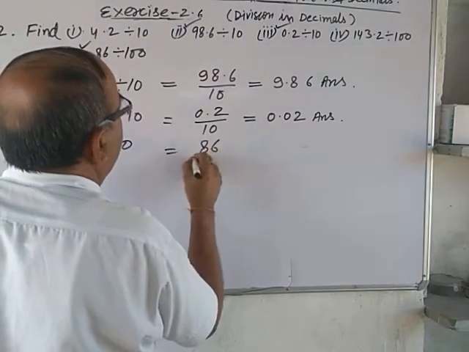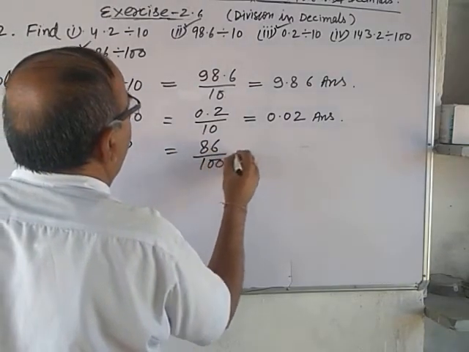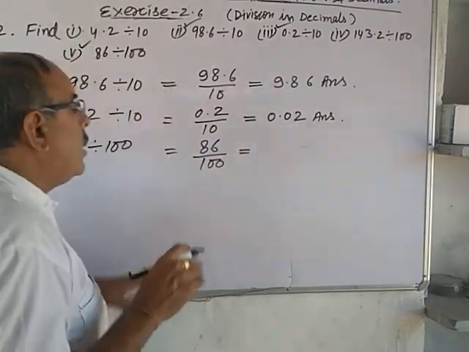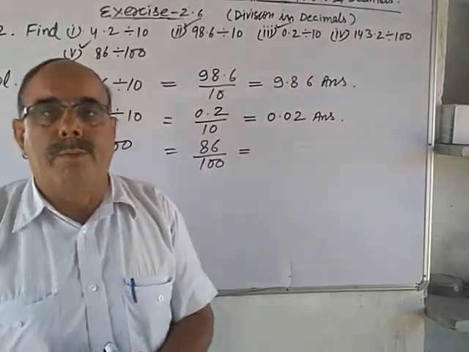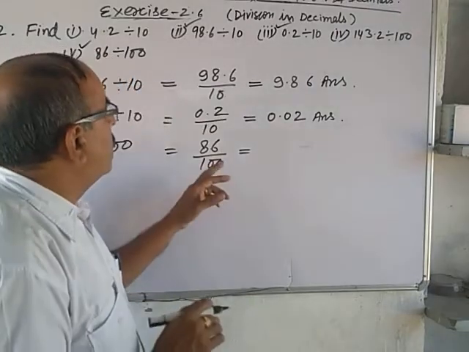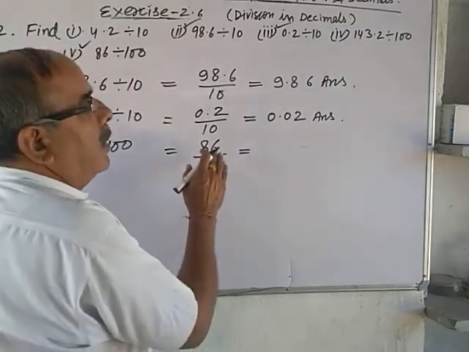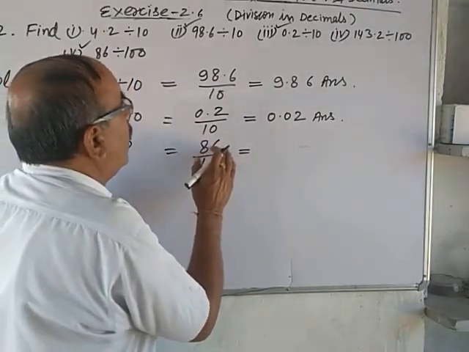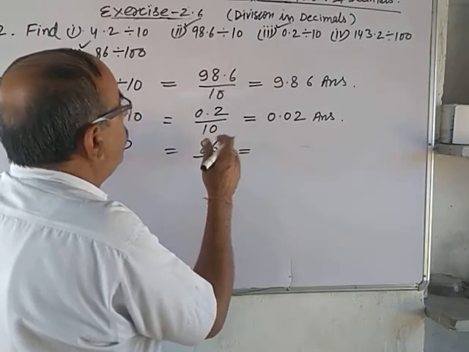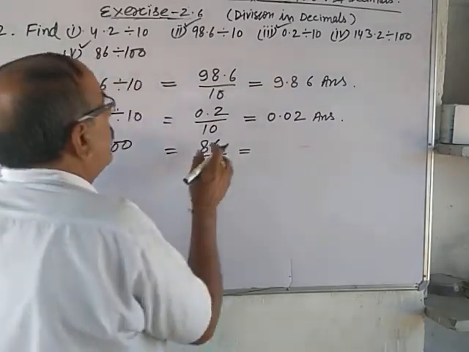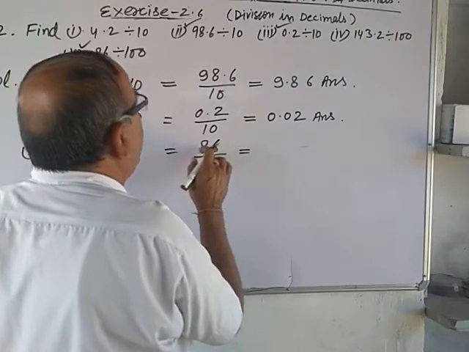We can write it 86 upon 100, and there are no decimals, but we know that every integer has a decimal point after it.